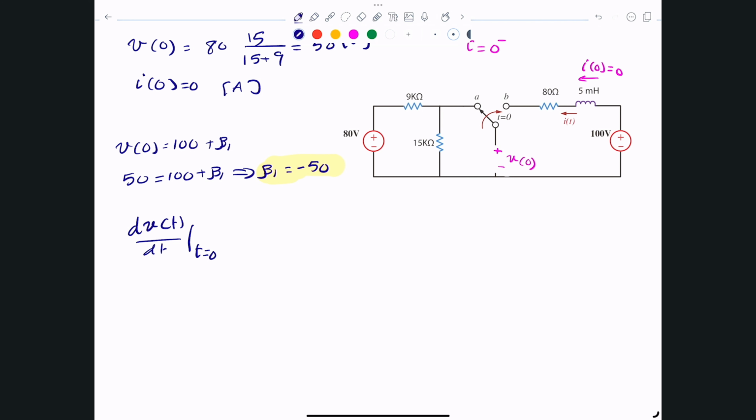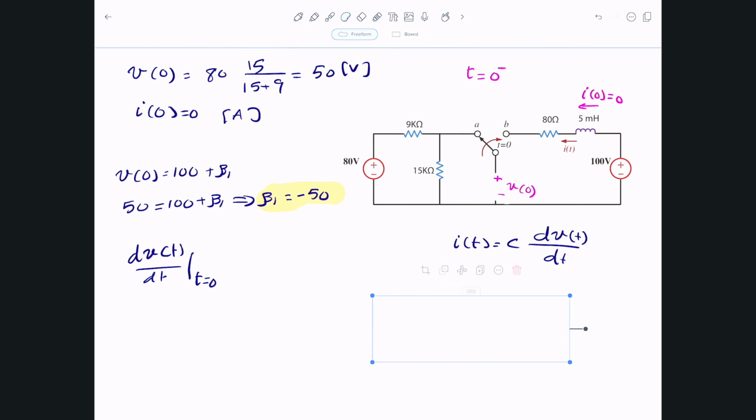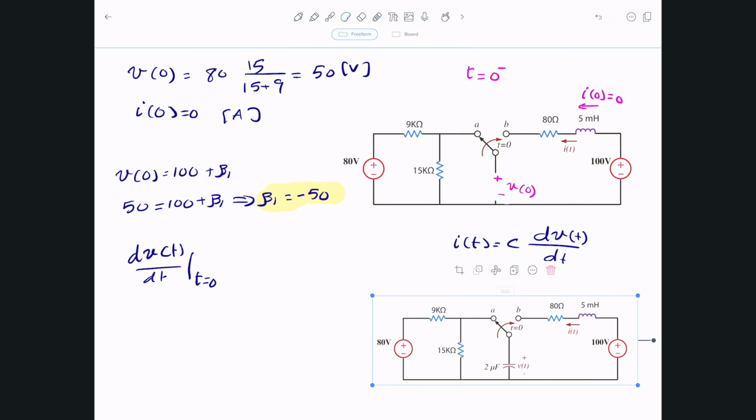For the capacitor, typically I of t is simply C times dV of t divided by dt. Remember, we had a capacitor in this circuit here. Let me put that circuit up one more time. After switching, this is what it appears as.